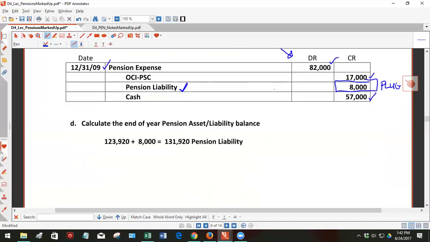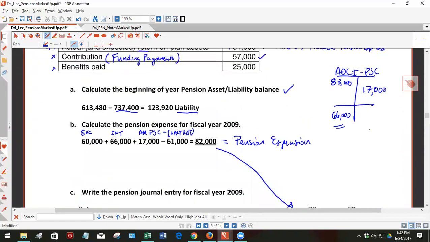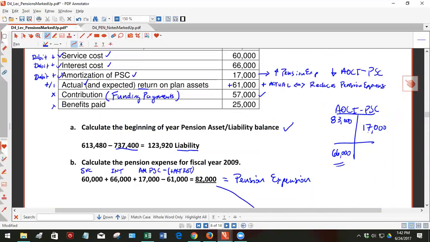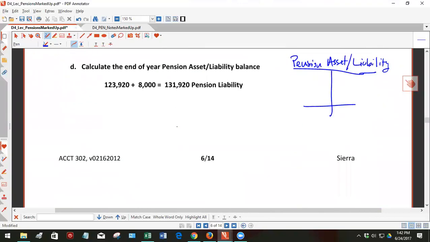So right here, let's use T accounts. So we have a pension asset/liability. In this case, it's actually a liability, but we're just saying pension asset/liability to keep it complete. And where am I? Right here, to remind ourselves, we started with 123,920 liability.